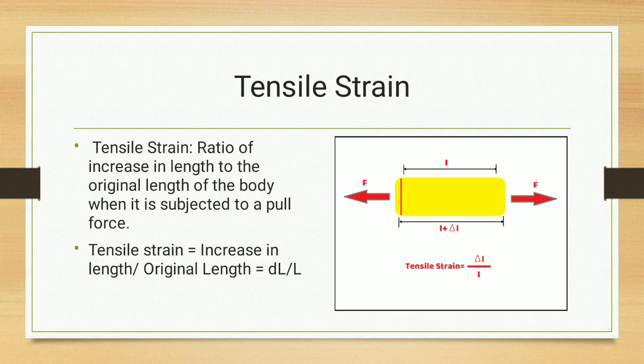Tensile strain is the ratio of increase in length to the original length of the body when it is subjected to a pull force. Tensile strain is increase in length upon original length, which is dL, change in length upon L. So when you apply a tensile stress, that is a pulling force at both ends, the length of the object will increase.